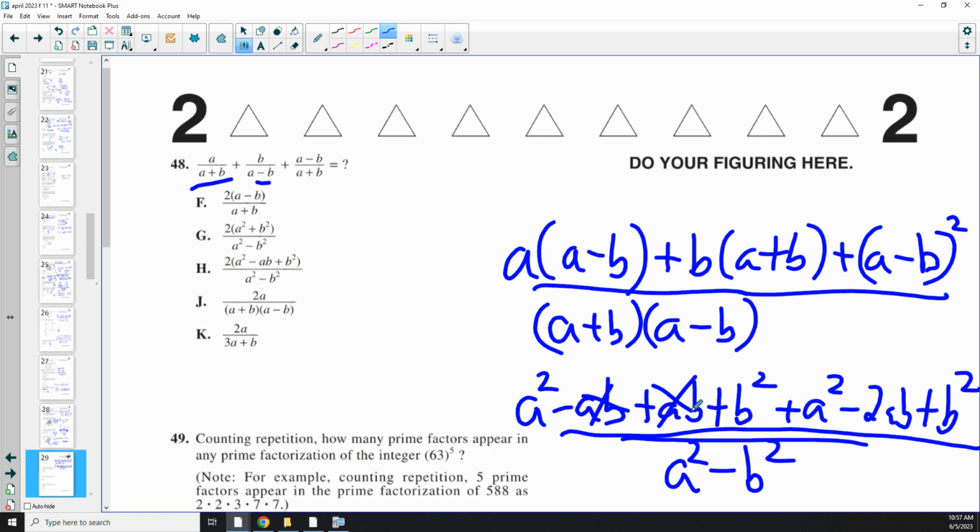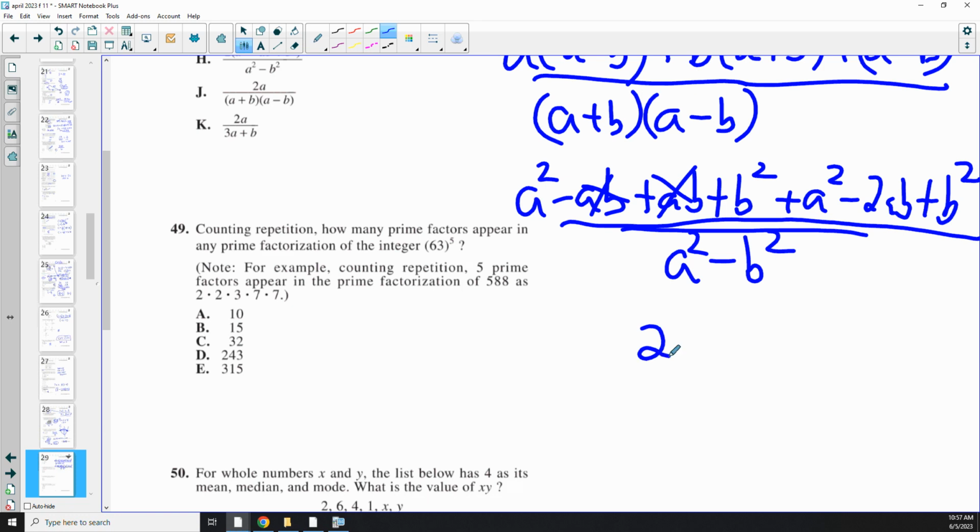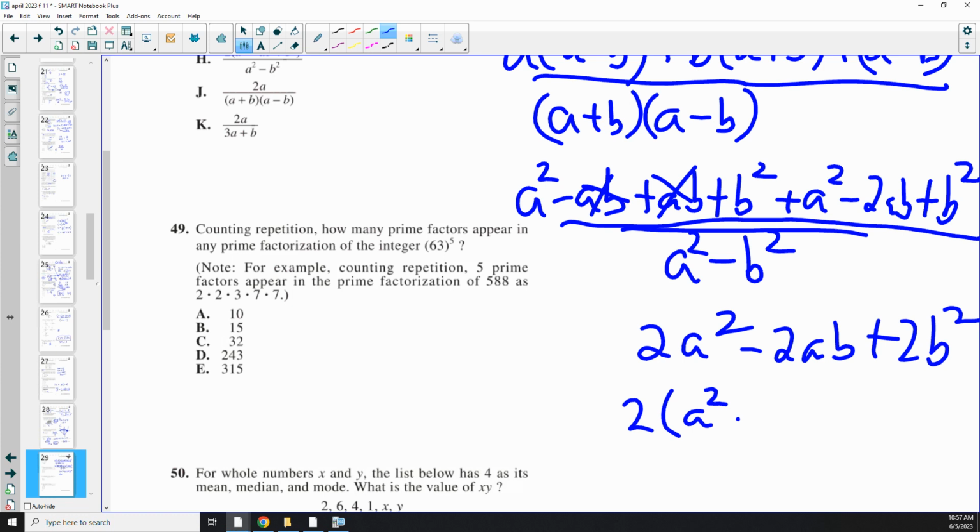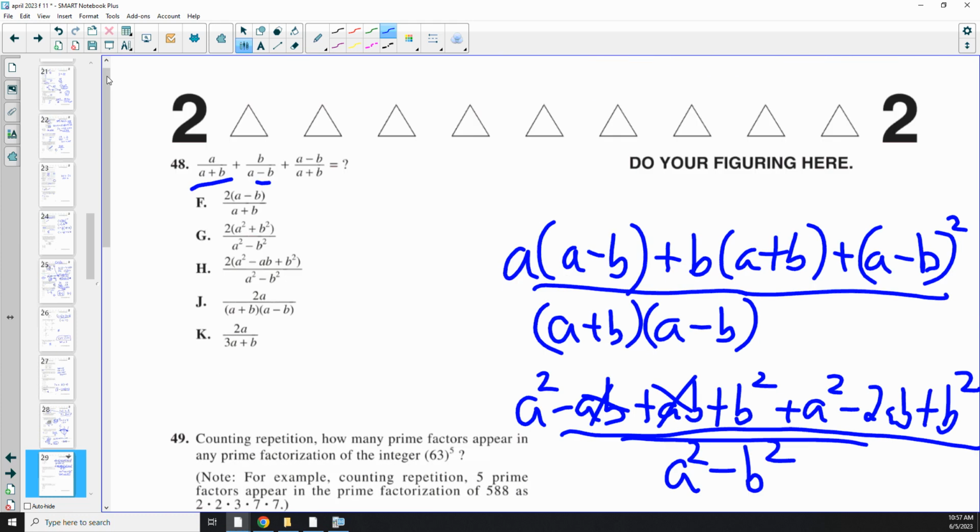The ab's are gone, and we end up with, I think, 2a squared minus 2ab plus 2b squared. Looks like I can factor out the 2 from that, and that's probably what they want for the numerator. Let's see. There it is. It's got to be choice H.